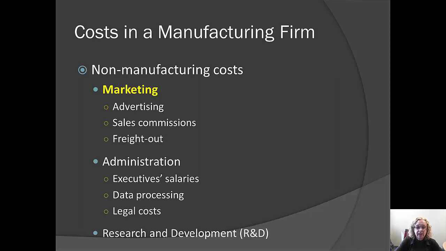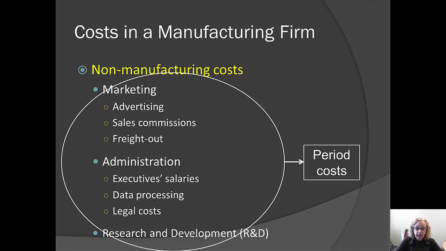administrative costs, the costs of running the firm, including executive salaries and data processing costs and any legal costs. A third category is research and development, which is very important for the firm's ability to meet its customers' needs, but it happens before the manufacturing process begins.